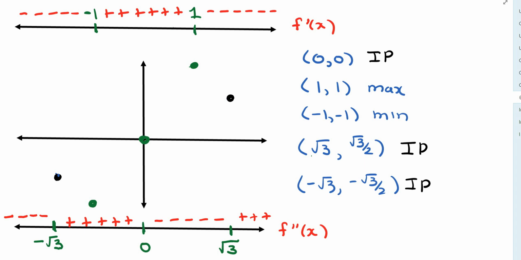I have my first derivative test up here, f prime of x, there in red, and I have my concavity levels down here for f double prime of x. And I've also found all my key coordinates here. So 0, 0 is an inflection point and one of my xy intercepts. I have a maximum at 1, 1 and a minimum at negative 1, negative 1. And I have my inflection points that I just calculated here.